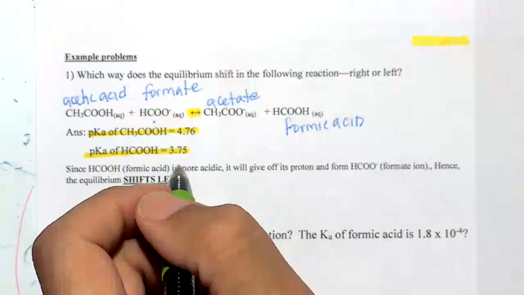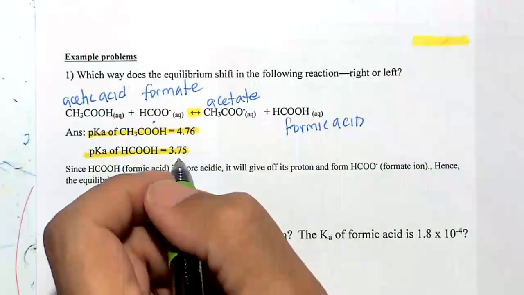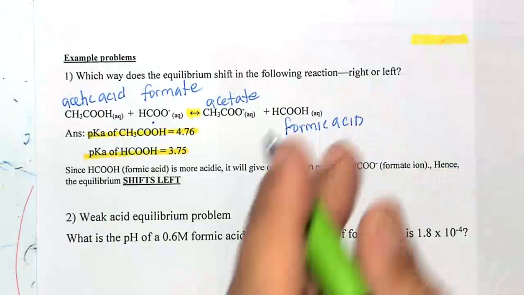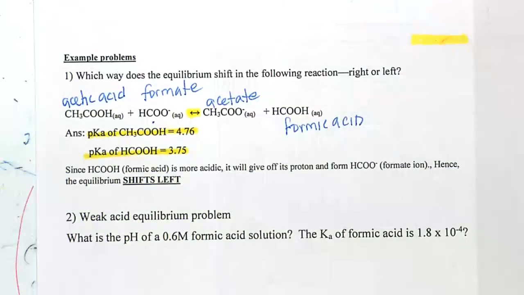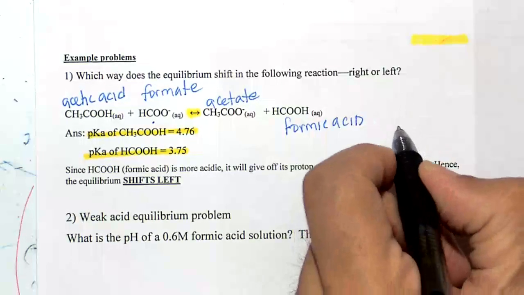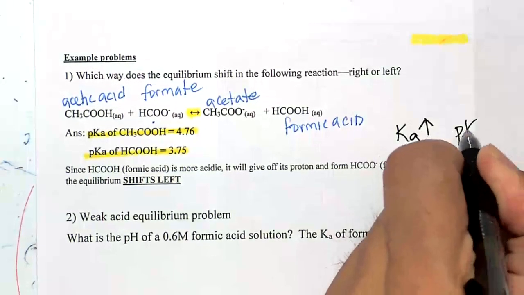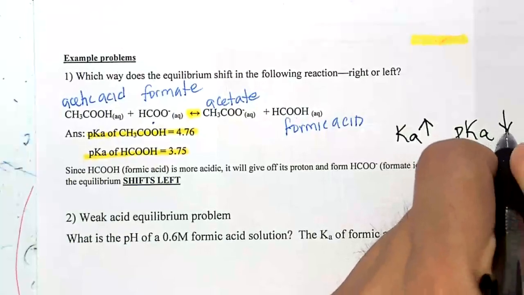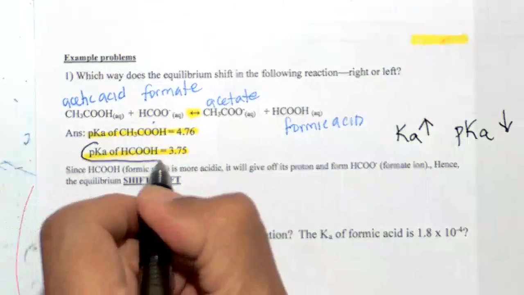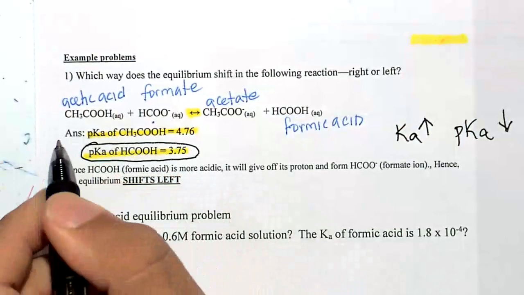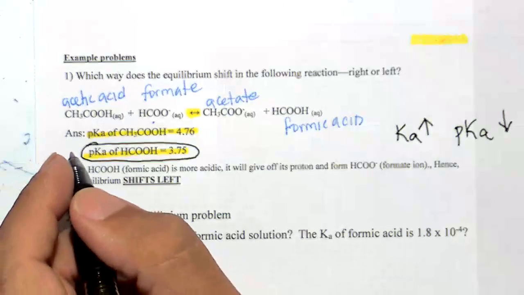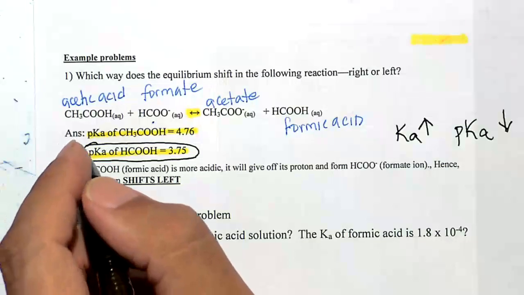Okay, remember, what did we say about Ka and pKa's? Very good. Formic acid is stronger. Okay, why do we say that, Susanna? pKa. Yes. Okay, the pKa is lower.